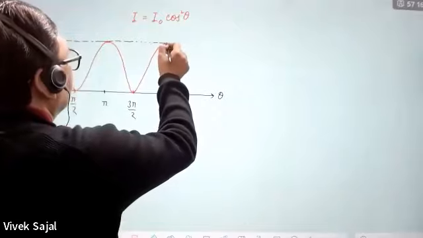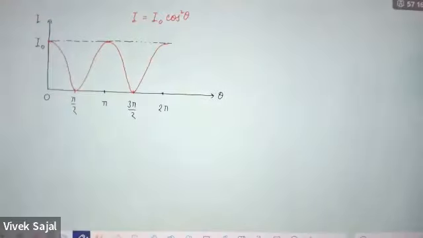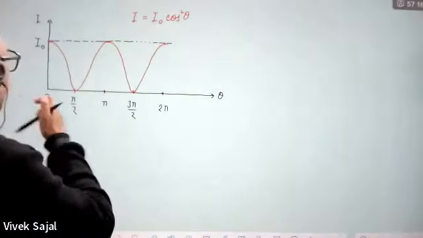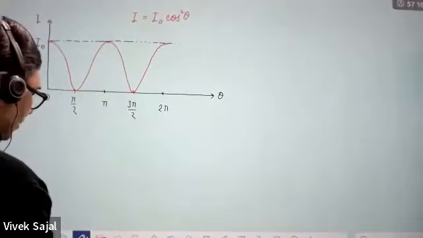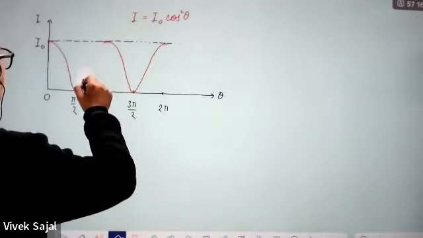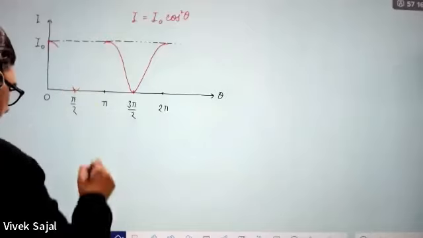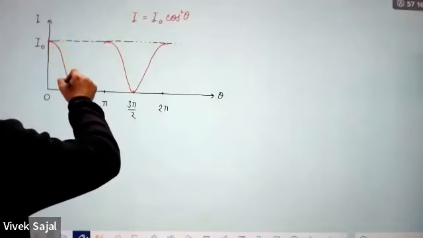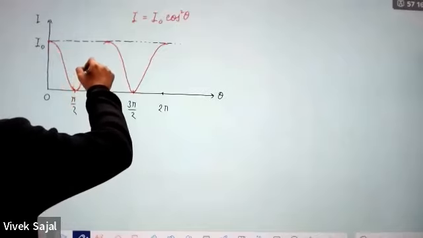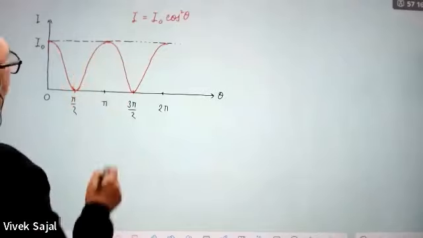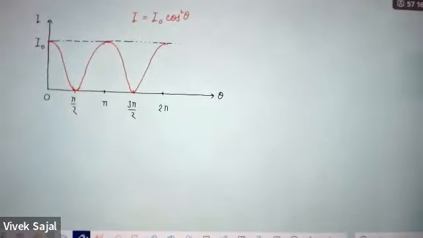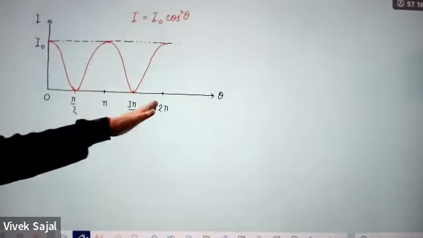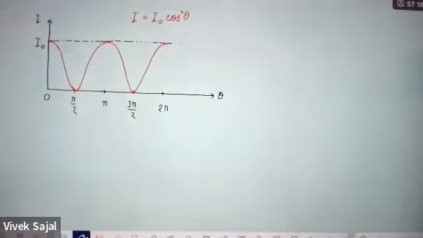Roughly this type of plot we are going to get. So at 0, pi and 2 pi, it will have maximum intensity.